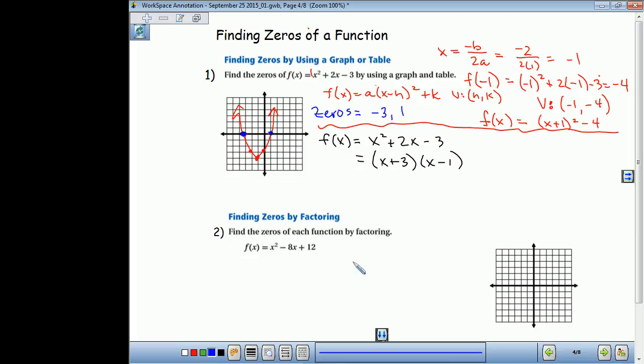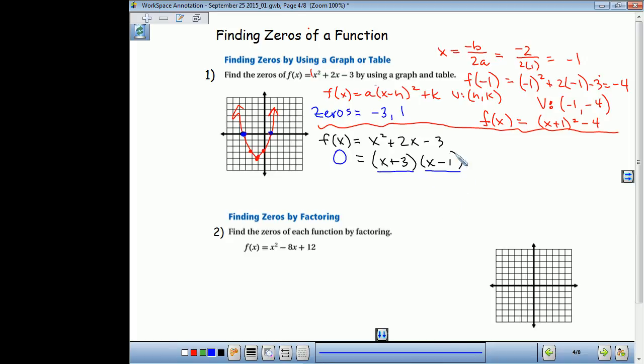Wait, but why is it opposite? Okay, so let's talk about why it is the opposite. When we ask for the zeros of the function, it's because the y value is 0. What is the only way to take a product and have that product equal 0? If this factor were 0 or this factor equals 0.